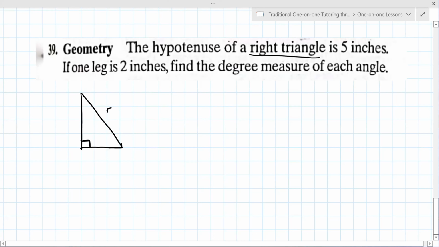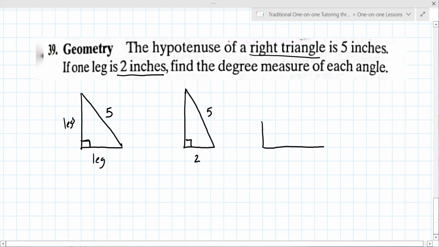But they're saying the hypotenuse is 5 and one leg is 2 inches. So they're both legs. So you have a choice here. You can either say, well, this vertical one is 2 or this horizontal one is 2. That may lead you to wanting to draw one that's a little more representative of it. But you could also draw something like this, and it doesn't matter.